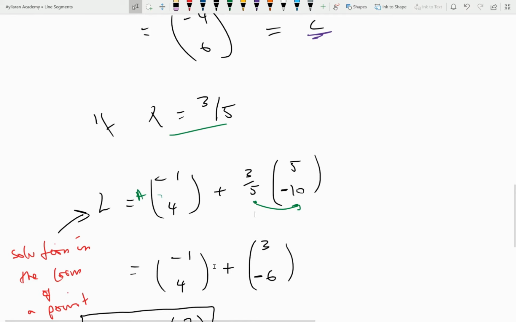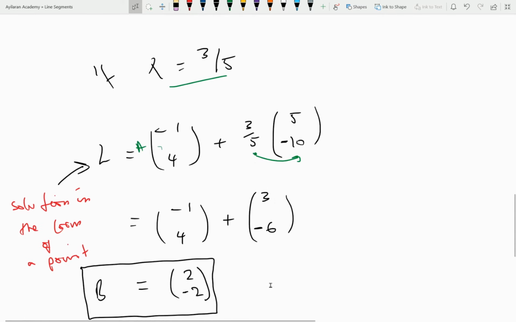And I'm left with this summation of vectors. So -1 plus 3 in the x, 4 plus -6 in the y. We add those up together and we get our final point B, which is (2, -2). And this is the exact same answer that Khan Academy got.